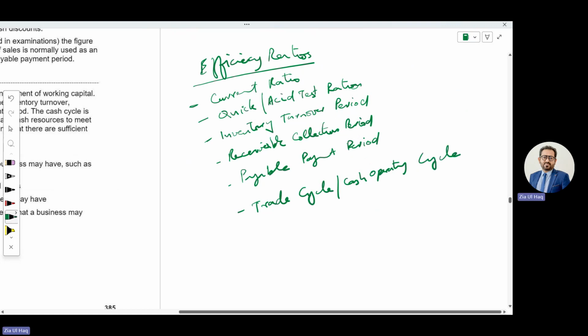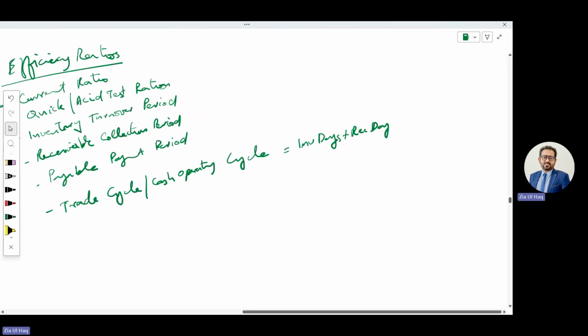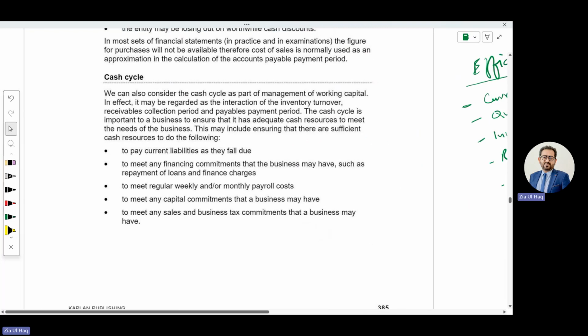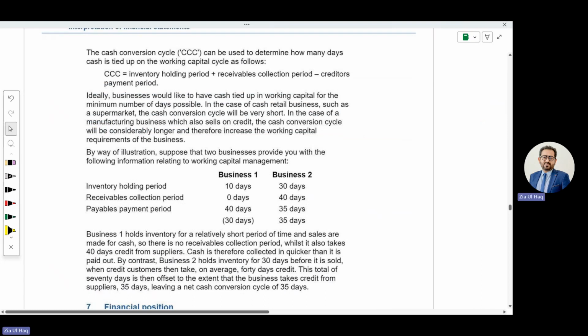How to calculate a trade cycle or cash operating cycle? Inventory days, we will add receivable days, we will add, and payable days we need to deduct. Is that fine?